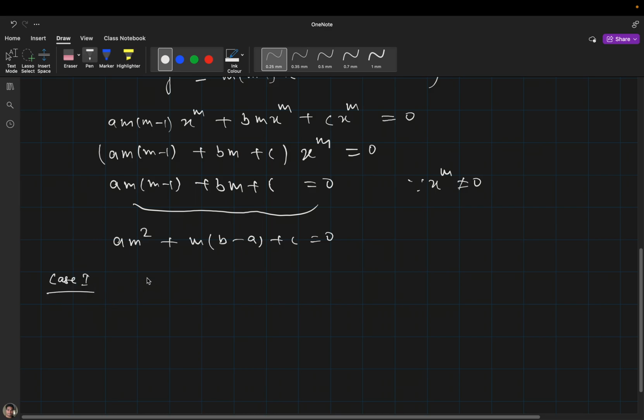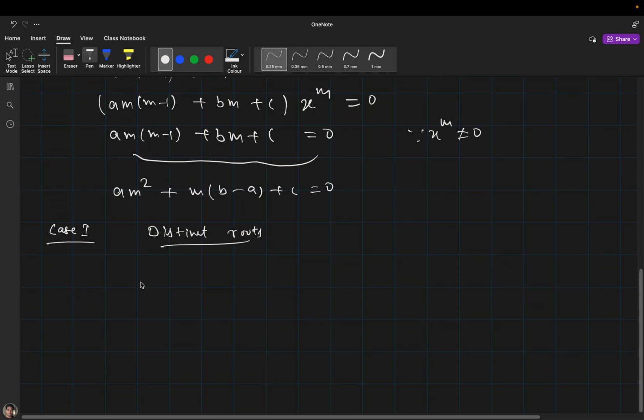Suppose for case 1 the roots are distinct. Distinct roots means you will get two roots, m1 and m2.